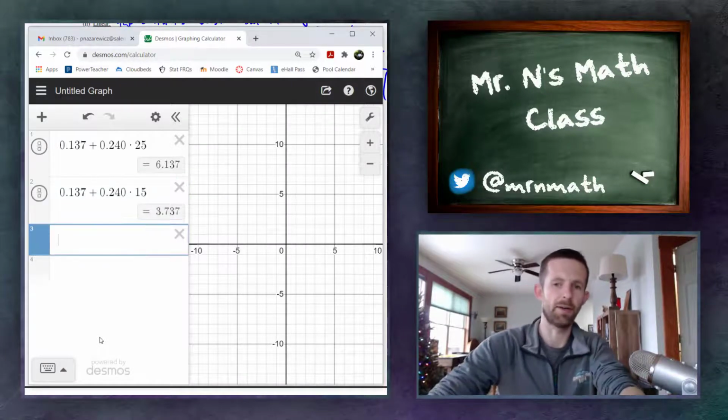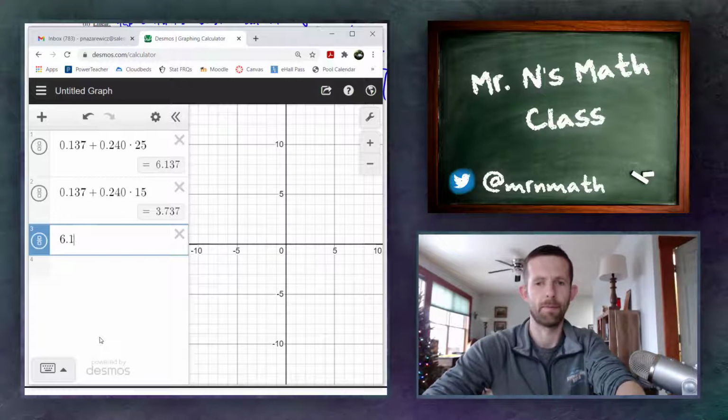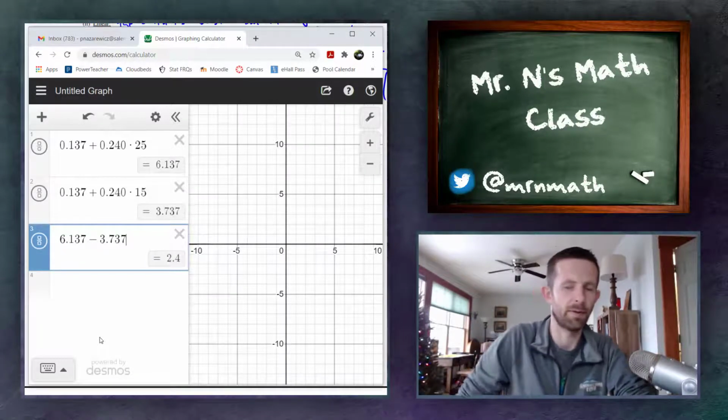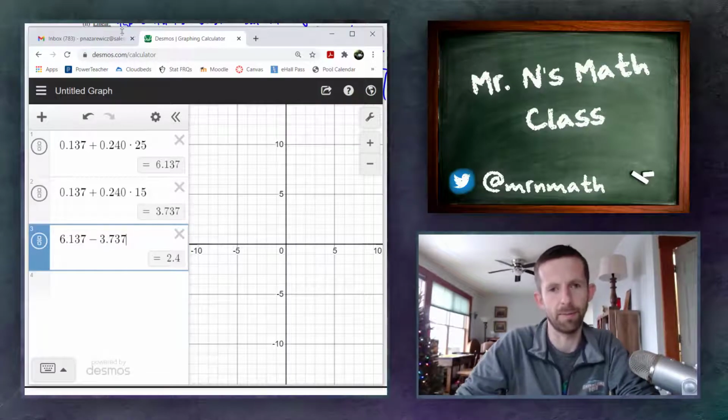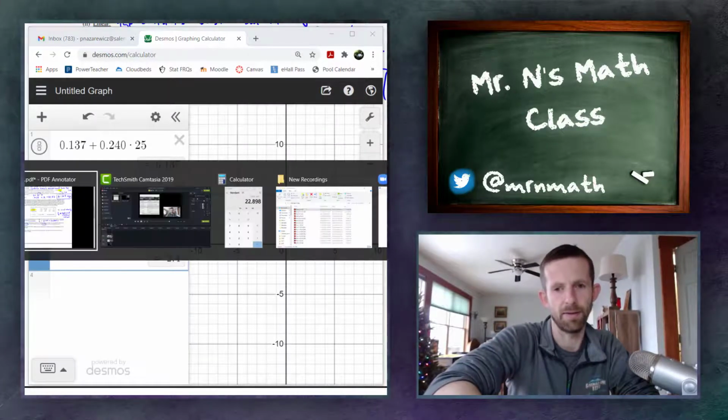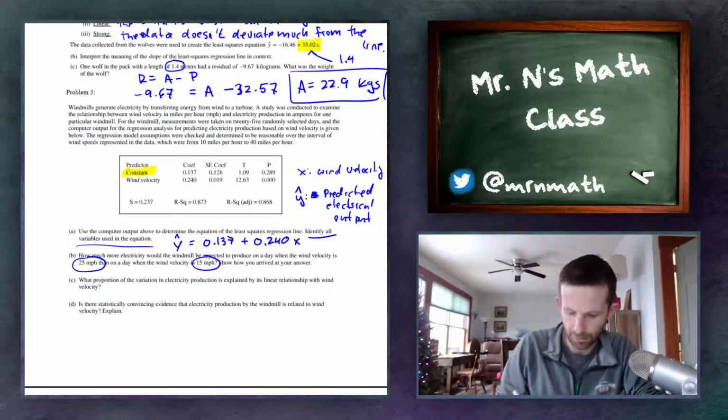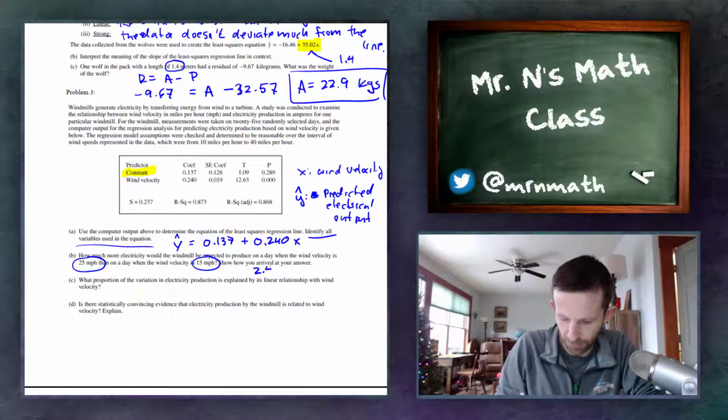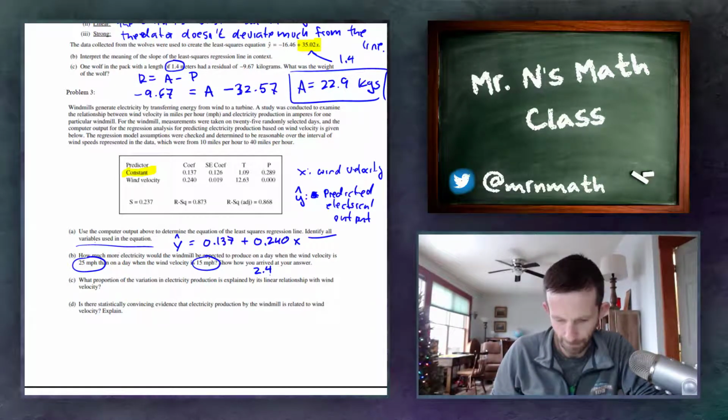And then I want to subtract the 2. So 2.4, that's my difference. So the difference is 2.4, and what's the units? Electricity in amps. That's my units.